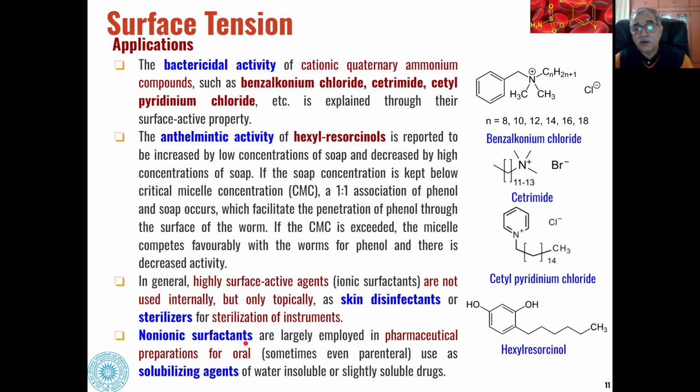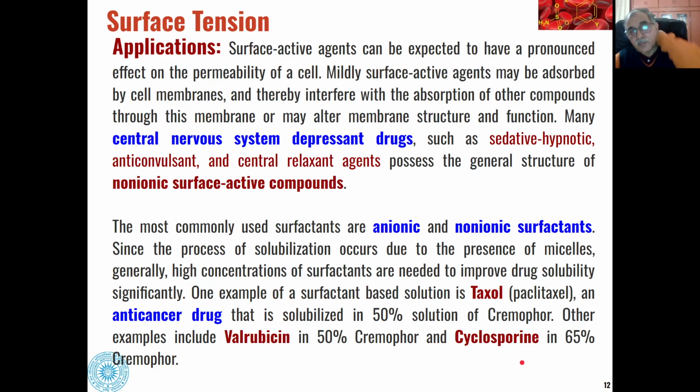Then non-ionic surfactants are largely employed in pharmaceutical preparations for oral use as solubilizing agents of water insoluble or slightly soluble drugs.